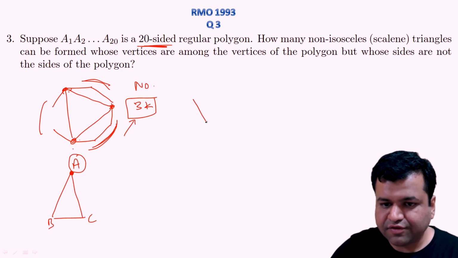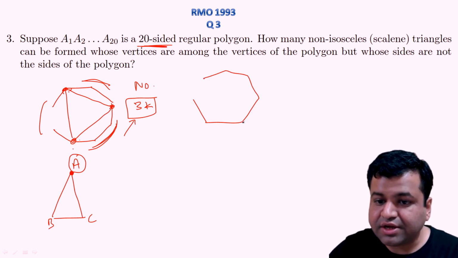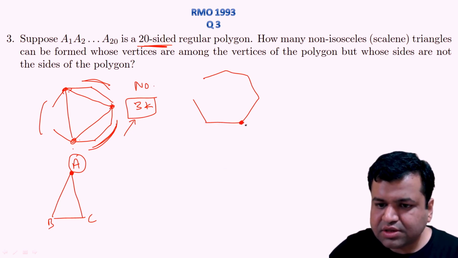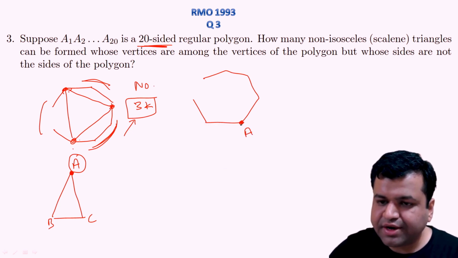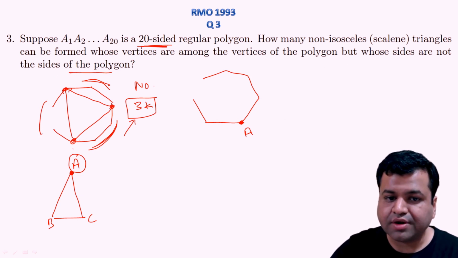Okay, so let's first draw again the regular polygon. Okay, now we are interested only in what? We are interested only in the number of isosceles triangles. Let's count the isosceles triangles from this point A which do not have any side common with the polygon, right?